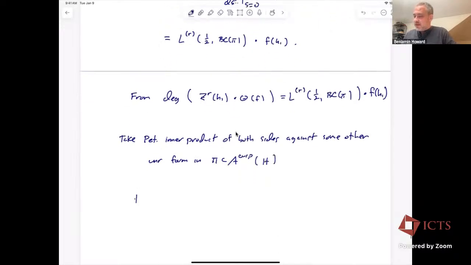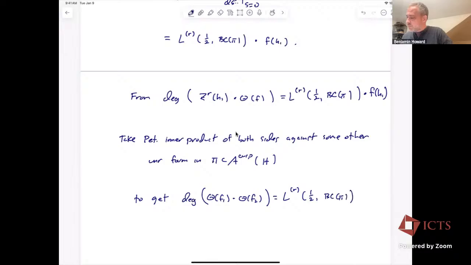And what you'll end up with is that the degree of the intersection of the two arithmetic theta lifts is the derivative of the L function times the Petersson inner product of those two forms.